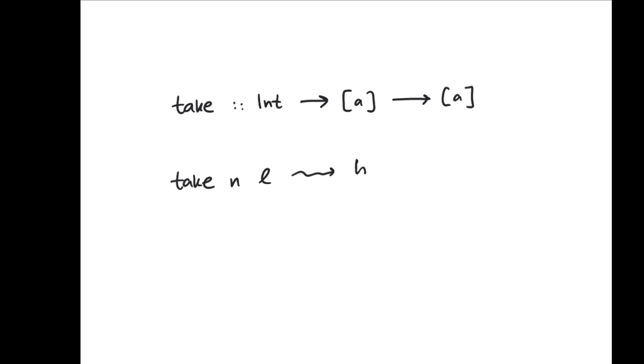And take is a function from int to a list of a to a list of a elements, and it should satisfy that if we apply take to n and l, then this gives us the list of the first n elements of the list l.